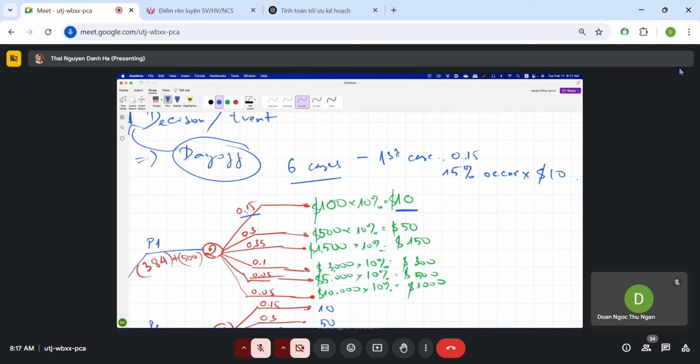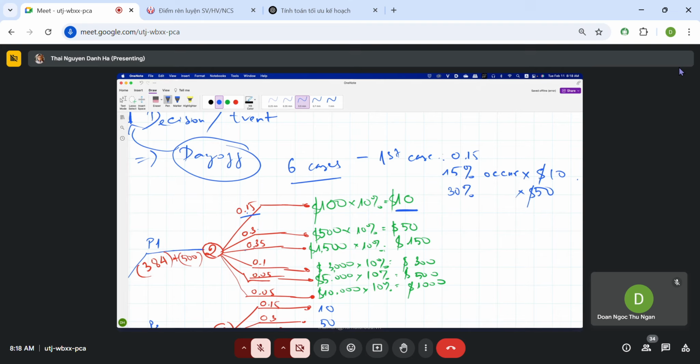The second case has a probability of 30%, and whenever it occurs, it will take 50 US dollar, because the participant, JC McCoy, just needs to pay 10% of the bill.